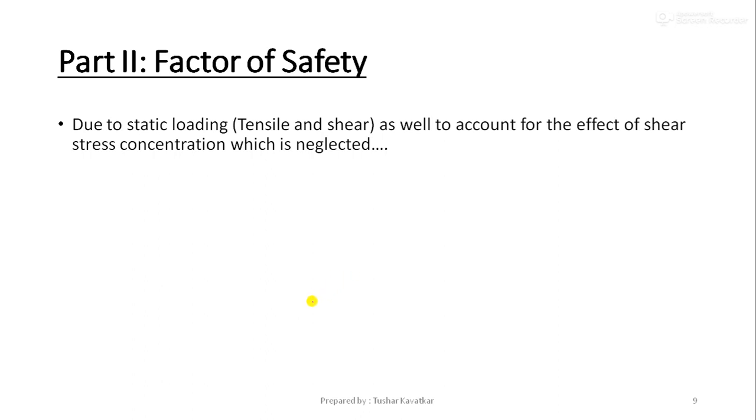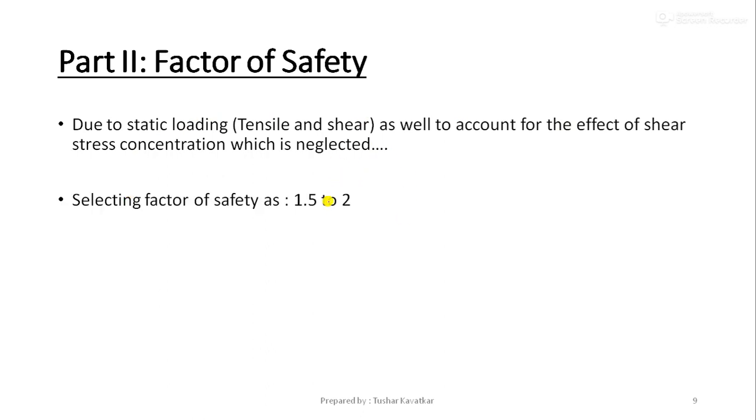The loading is static in the knuckle joint, that is tensile, and shear in the case of the pin. Since we neglected stress concentration, that can be accounted for in the factor of safety.